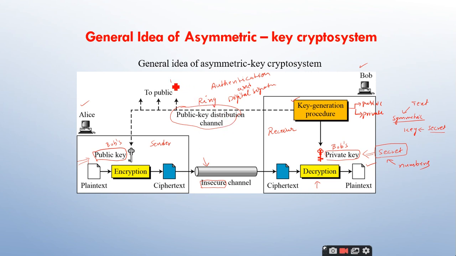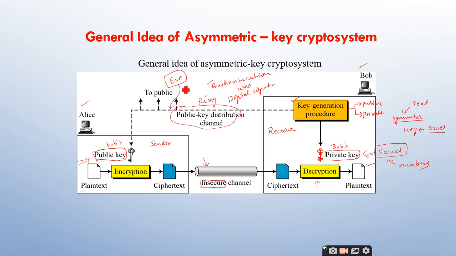For example, let us assume that Eve is a third party unauthorized user. She always wants to keep an eye on what communication is going on between Alice and Bob. If this authentication and integrity is not provided by asymmetric key cryptography, she will create her public key and put it here in the public ring.